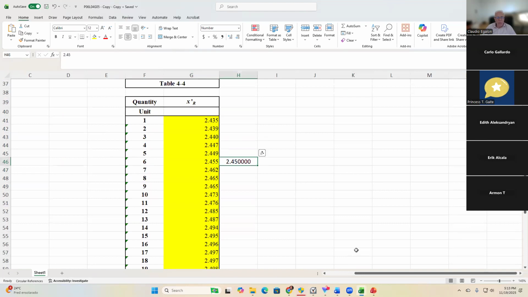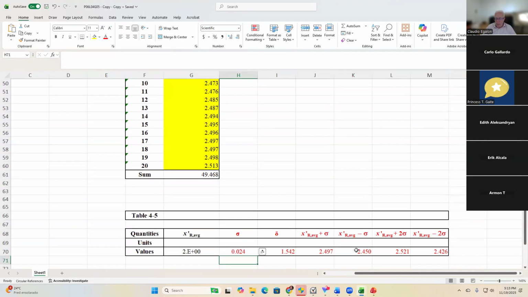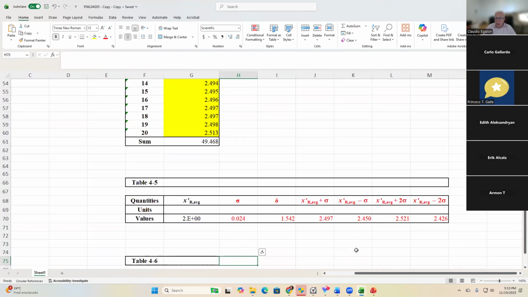This guy is going to be larger than this one, right? And what about plus sigma? Plus sigma is 2.521. No, 2.450. Wait a minute. Oh, yeah, 2.450 is minus sigma. Plus sigma is going to be 2.497.